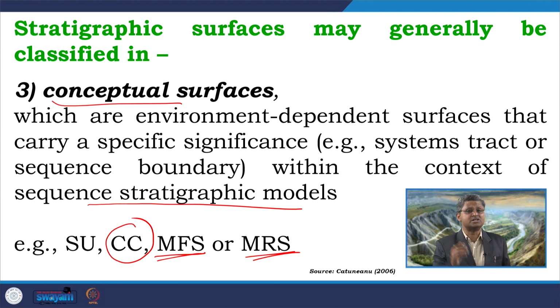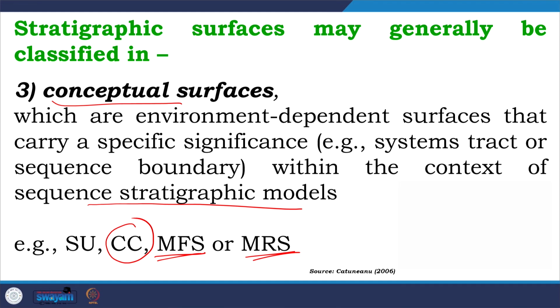Some of them may be a systems tract boundary, some of them may be a sequence boundary. So, in that way we define major surfaces within the sequence stratigraphic model, within the sequence stratigraphic paradigm.